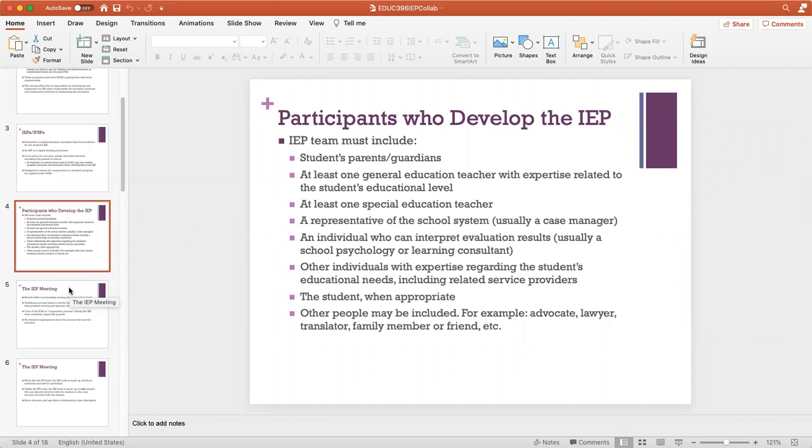So as we saw in the RTI meeting, it was kind of whoever the school felt was appropriate to best serve the needs of the school. There was no strict rule of who is going to be at the RTI meeting. We must have one of these and three of these and two of those.